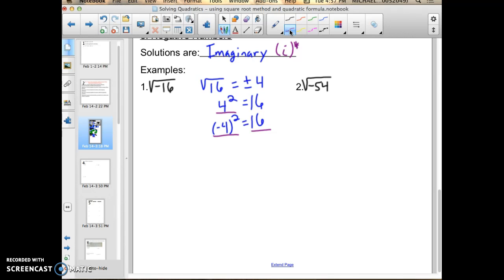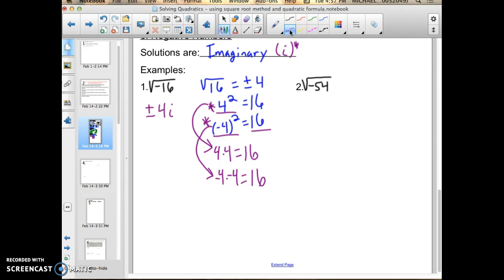So if I was going to do this, I know that the square root of 16 is plus or minus 4. So I know that the square root of negative 16 has to be plus or minus 4. But I need to distinguish that we're entering the realm of imaginary numbers, because there's no number that when multiplied by itself gives the original number. 4 times 4 equals 16, and down here, negative 4 times negative 4 also equals positive 16.